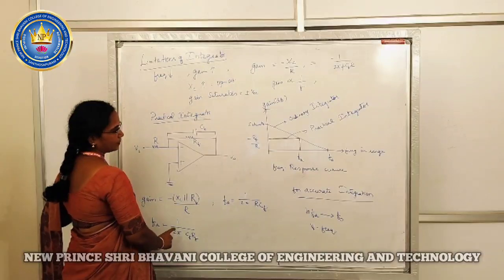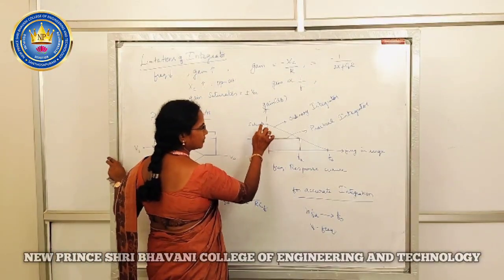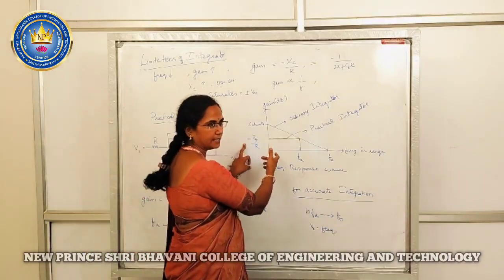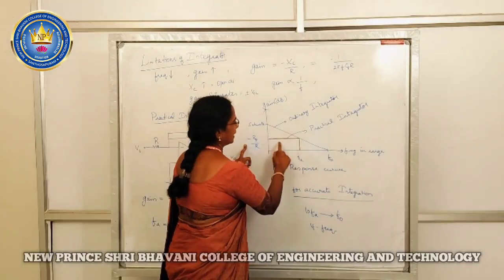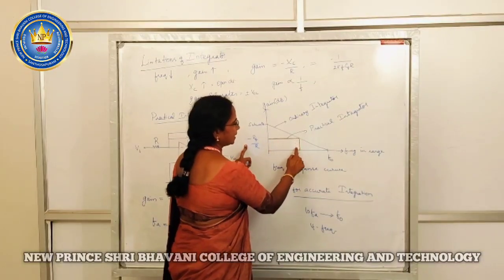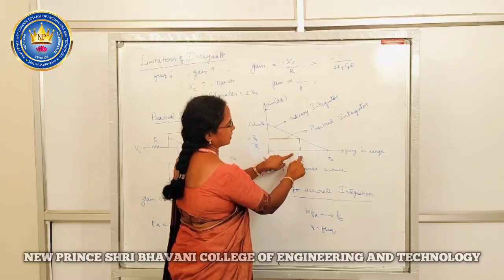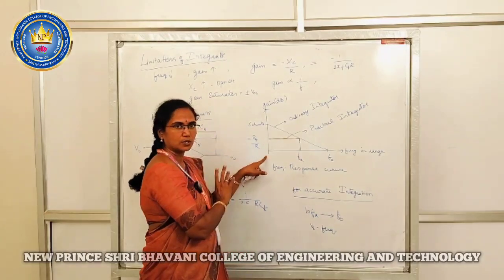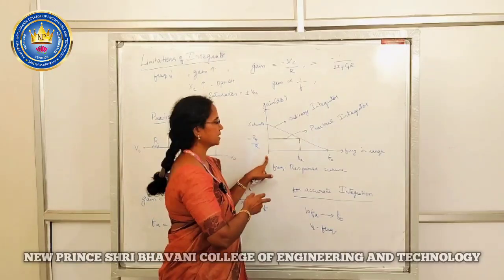So you have the gain as minus Rf by R instead of the saturated gain. The response curve is flat, and at one particular frequency the gain is reduced. So this is also the frequency response of a low pass filter, and this integrator works like a low pass filter too.